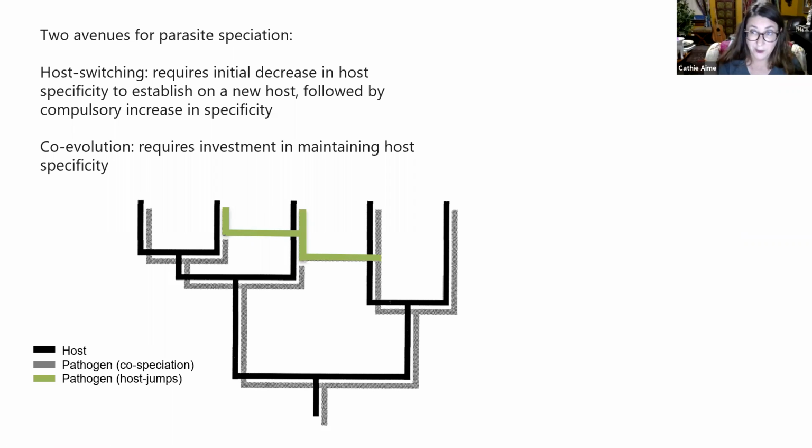It's something that's called the Red Queen hypothesis from Alice in Wonderland, where you're running just to stay still in one place. In this case, you're always running to keep up with your pathogen or your host. So which explanation do you think fits rust fungi?